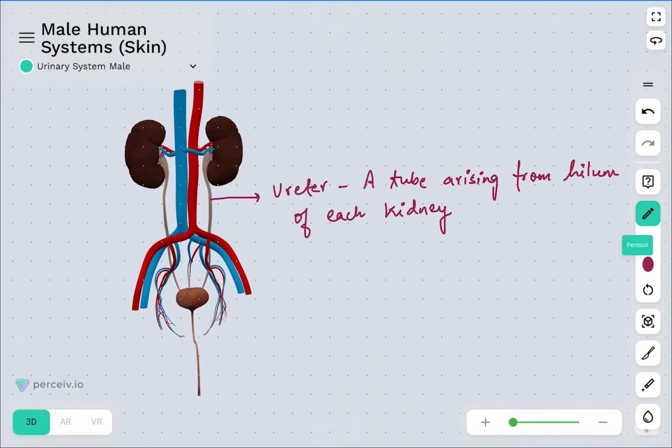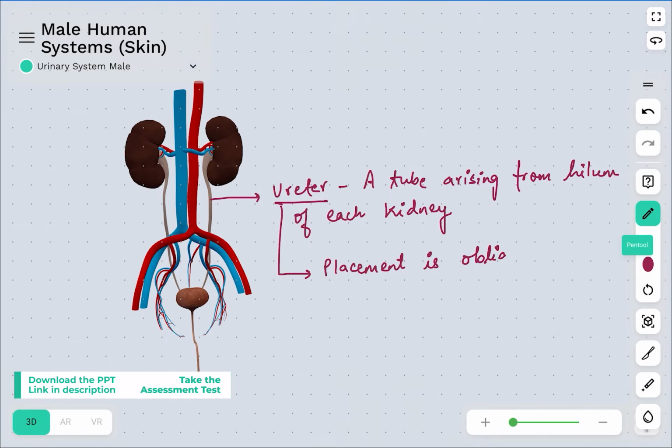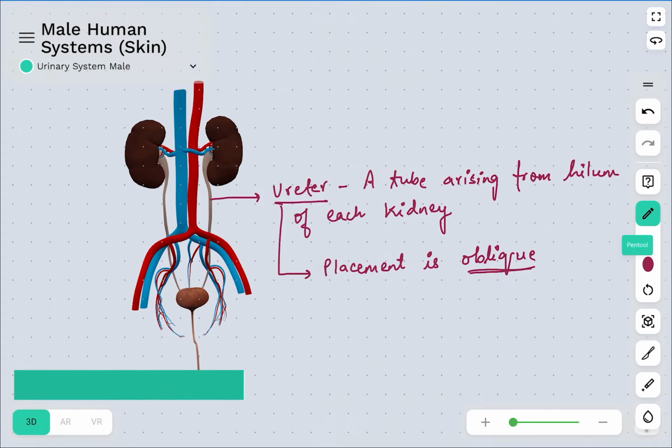The important thing is that these ureters are obliquely placed. The placement of these ureters is usually oblique. The reason for this is so that the urine cannot regurgitate into the ureters when the bladder contracts.